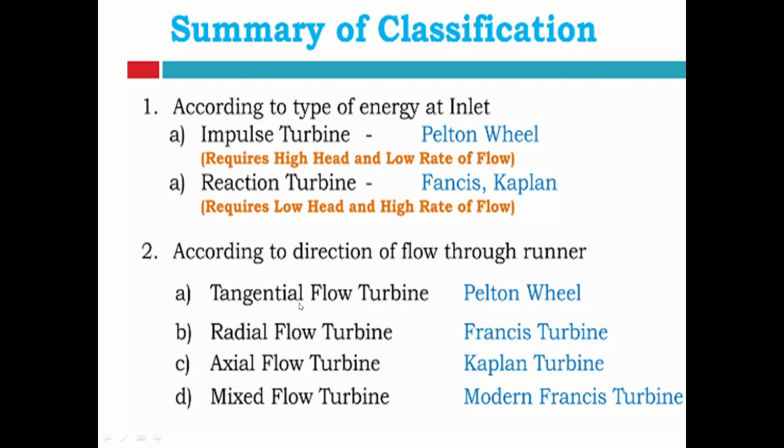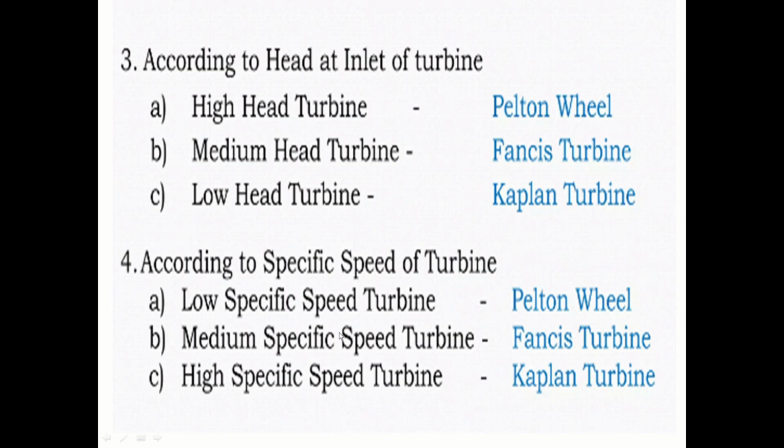Now, according to direction of flow, tangential flow turbine is Pelton wheel, radial flow turbine is Francis turbine, axial flow turbine is Kaplan turbine, and mixed flow is modern Francis turbine. That means it has both radial and axial flow, which is called as modern Francis turbine.